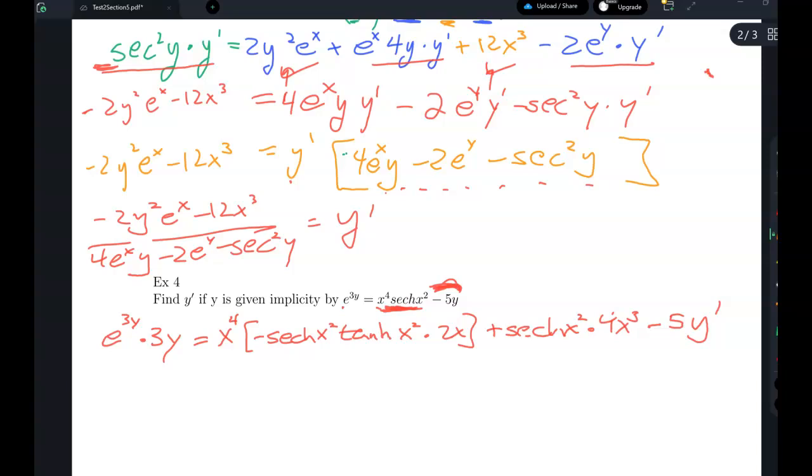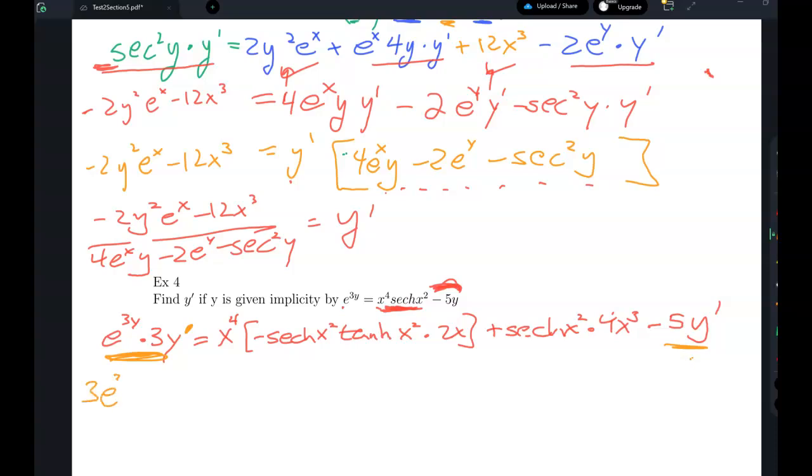So now let's go and identify where the y prime terms are. I've got, whoops, I forgot to put the prime right there, didn't I? I forgot that. Okay, so there's a y prime term, and there's a y prime term. So let's add this to the other side.